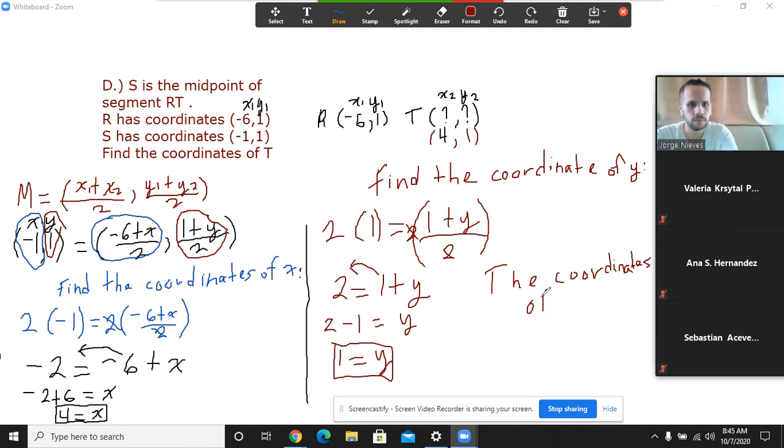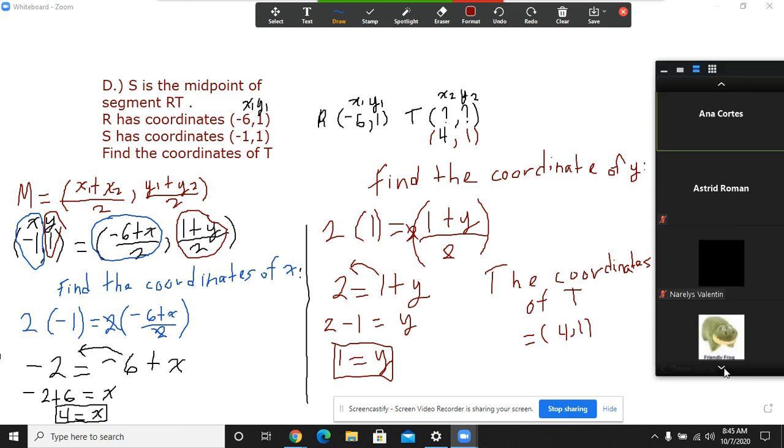Para que no tenga ningún problema. Okay. So finding the coordinates of t are 4 and 1. Dudas, preguntas. Estamos más claros ahora. So there you have it.